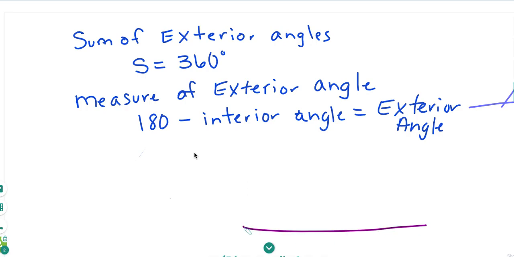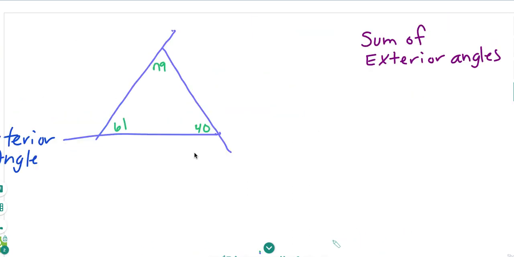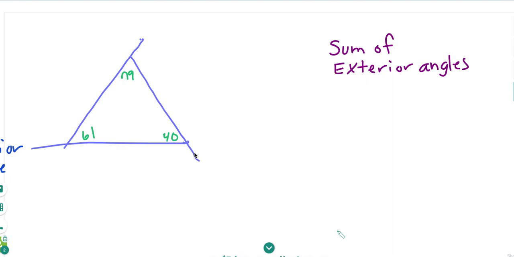So what does that look like? Well, let's take a look at this triangle. And the first thing that we're going to do is find the exterior angles. So if I take 180 minus 79, I get the exterior angle of 101.